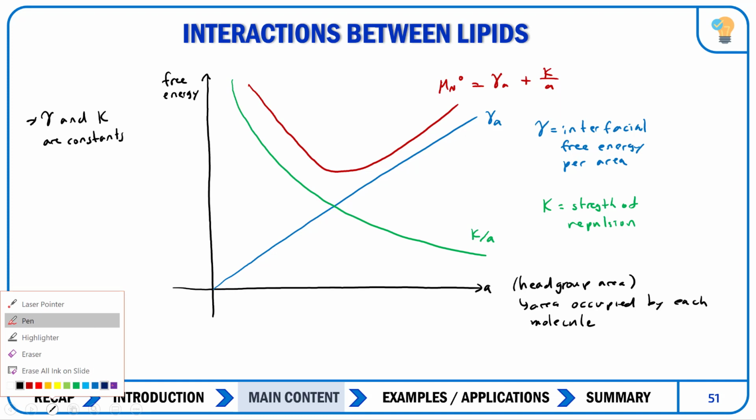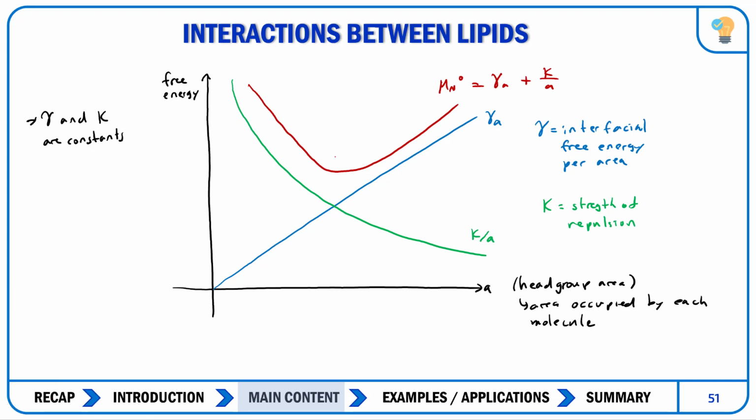And after you graph all three of them, you should be able to come to an intersecting line across all three graphs and state that this is A naught, or the preferred head group area.